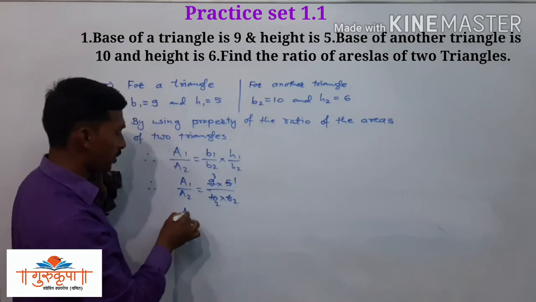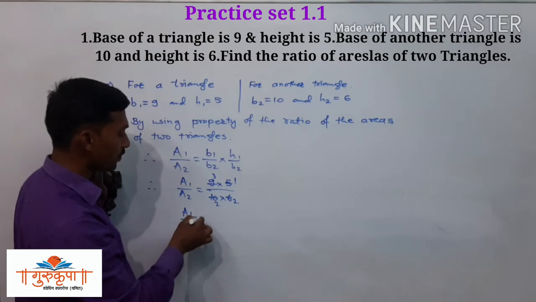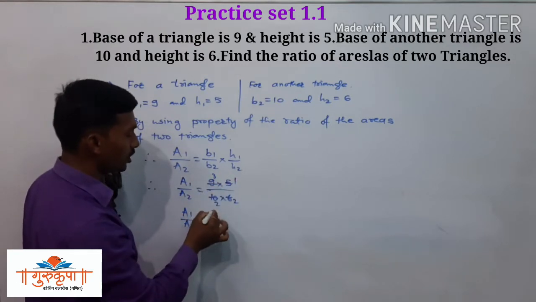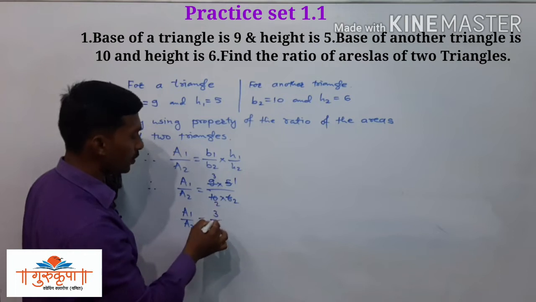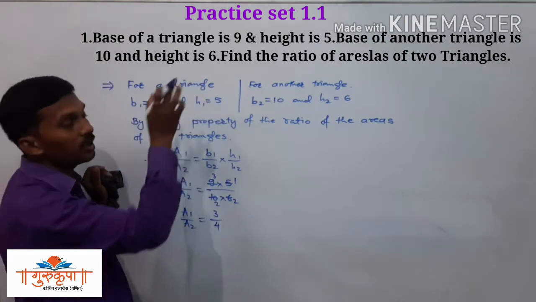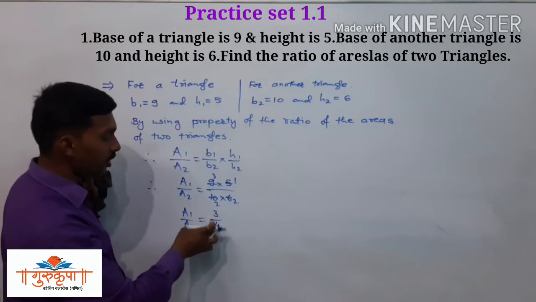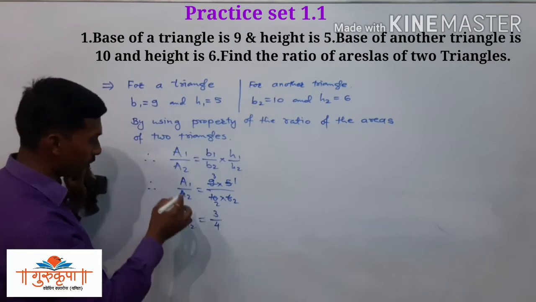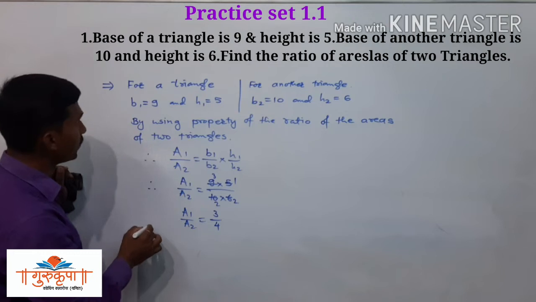We have A1 upon A2 is equal to 3 into 1 is 3 upon 2 into 2 is 4. So this is the ratio of the areas of the given two triangles, and it is 3:4.